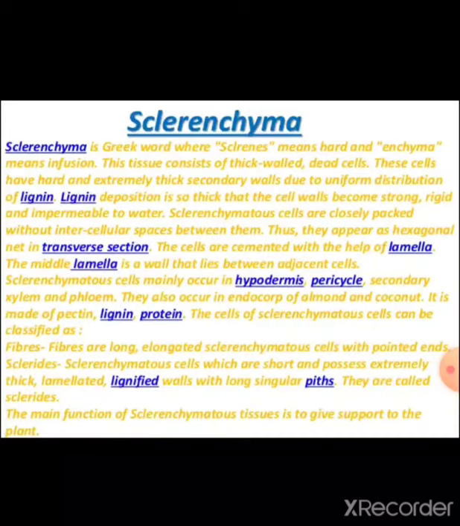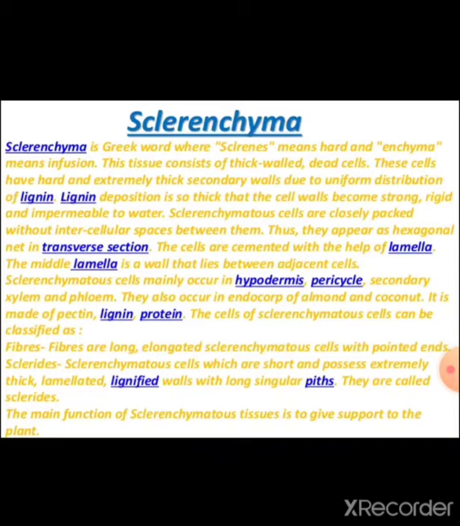Due to uniform distribution of lignin deposition, they are so thick that the cell walls become strong, rigid, and impermeable to water. Sclerenchymatous cells are closely packed without intercellular spaces between them. Thus, they appear as a hexagonal net in transverse section. These cells are cemented with the help of lamella and middle lamella.